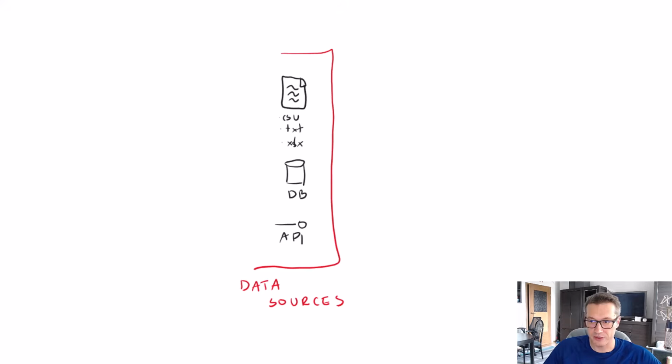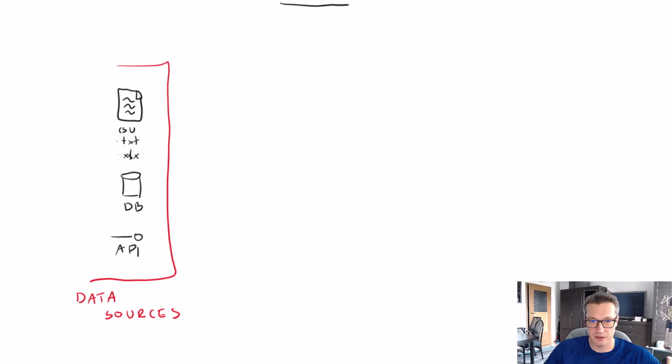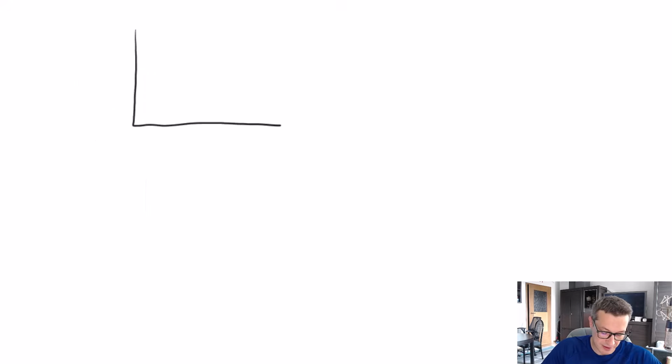Then, on the other side of our solution, we've got reports, because that's what our end users would like to see. So we might have different line charts that show, I don't know, sales maybe, right? We might have some key performance indicators that show in a visual way if everything is fine.